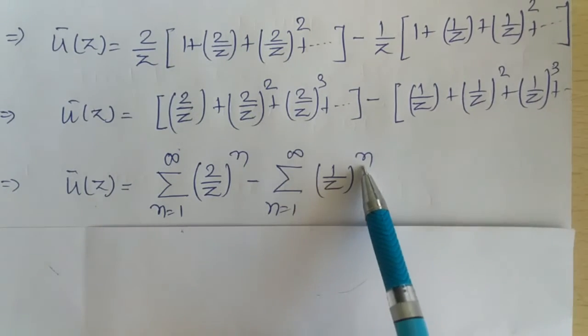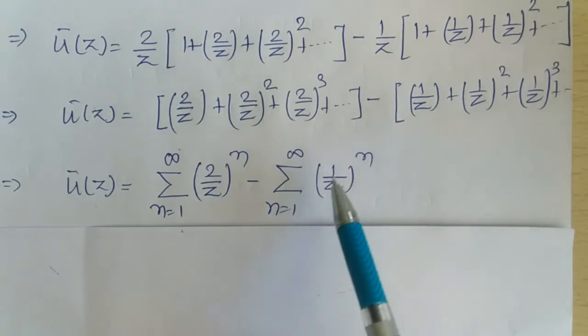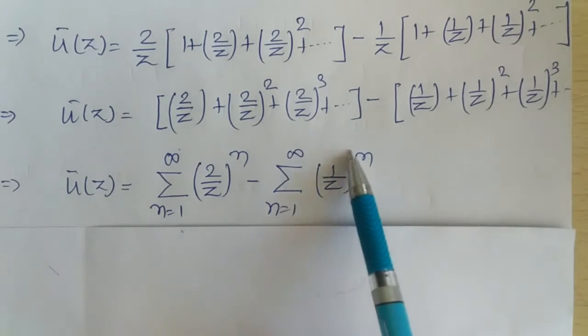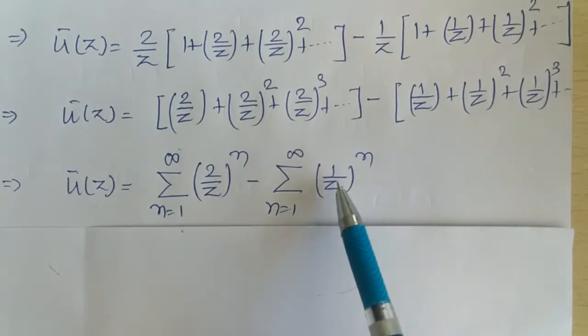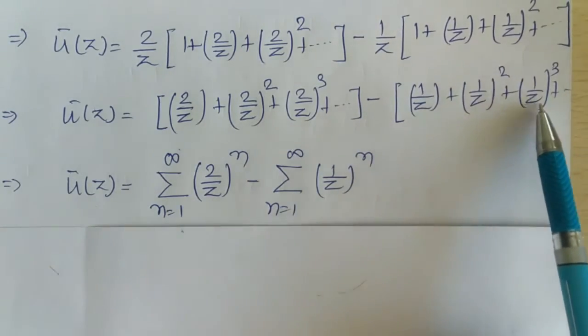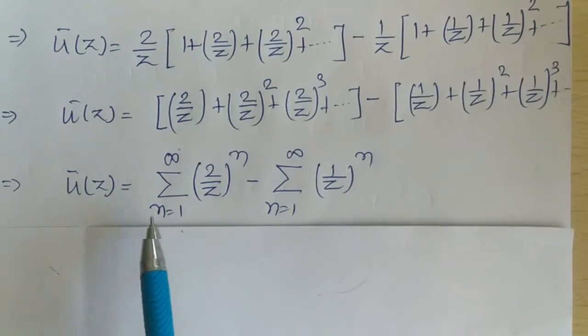So for n equal to 1, we get 1 by z, plus for n equal to 2, we get (1 by z) whole square, plus for n equal to 3, we get (1 by z) whole cube, and so on. So we express these two series in terms of summation.